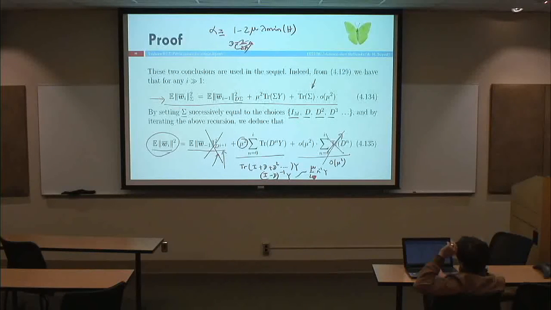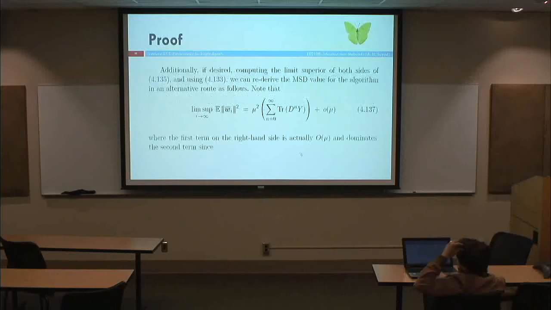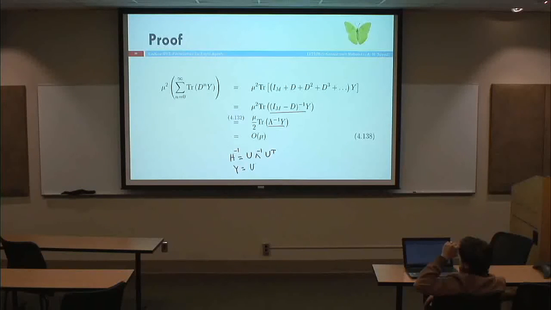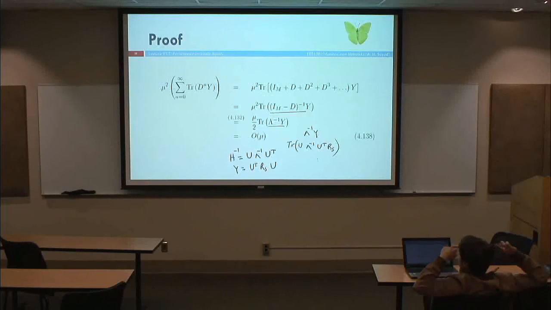I introduced it here, U transpose RS U. So if I come here, lambda inverse Y is lambda inverse U transpose RS U. This U I can bring it here because for trace I can change the location of the matrix. So the trace of this, you get trace of H inverse RS. So this is another way for you to arrive at the same conclusions that I had before.